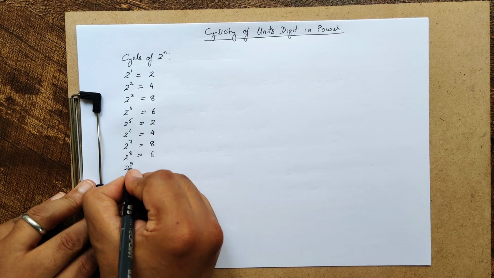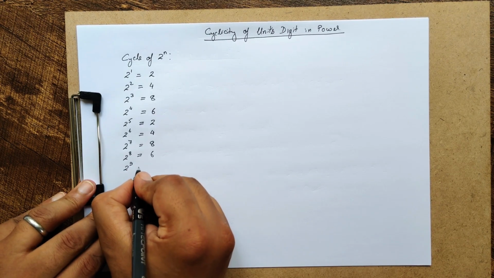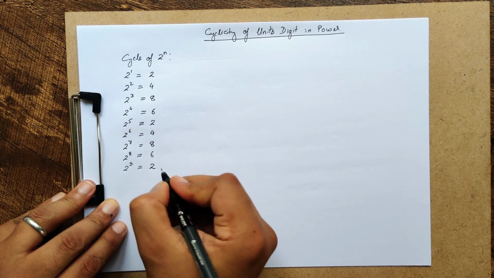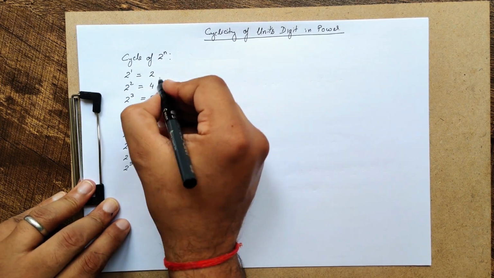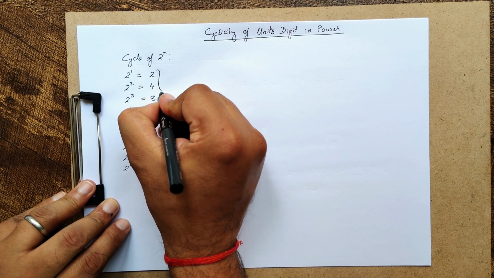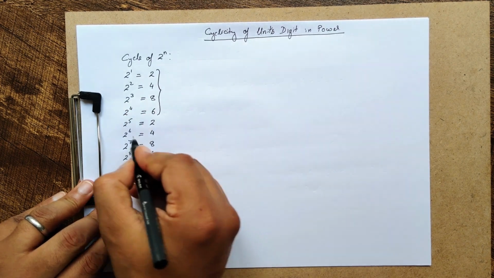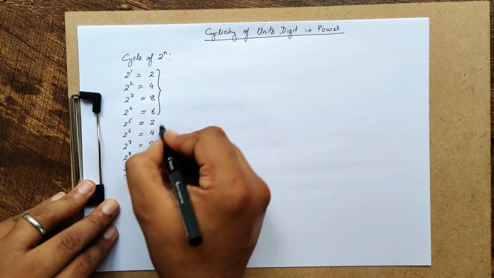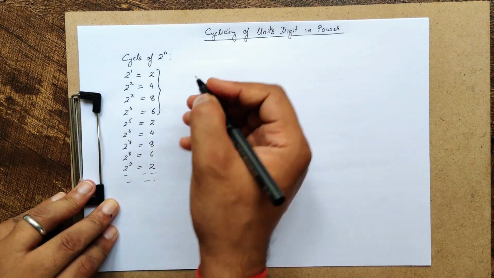Now again 2 to the power 9 is 256 multiplied by 2, which is 512. So we write 2. So what we can see, after 2, 4, 8, 6, the values are repeating themselves, right?